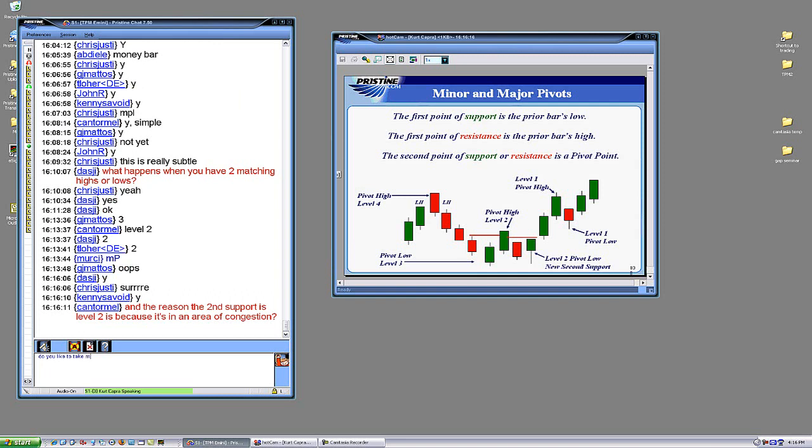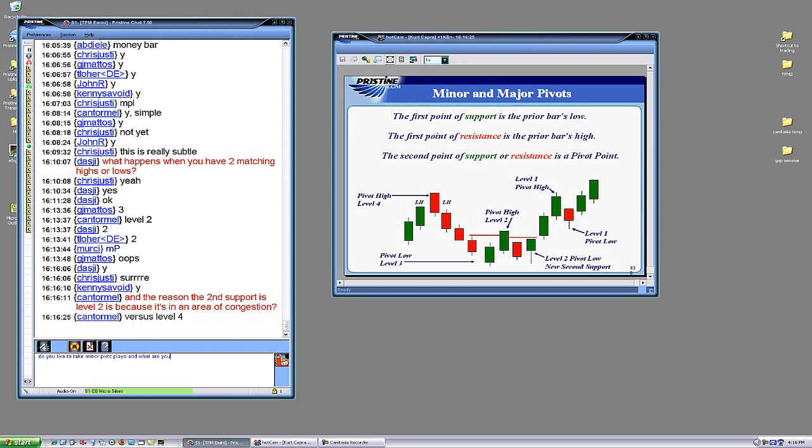And the reason the second support is level 2 is because it's in an area of congestion. The reason the second support, oh, you mean down here, second support.